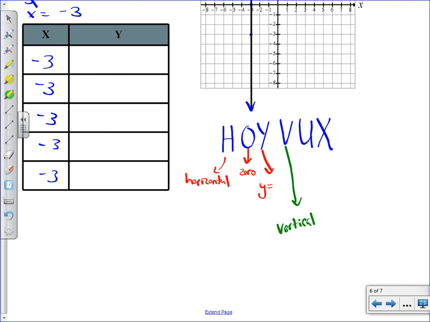Anyone know anything about a slope of a vertical line? We'll talk about it a little later. It's the letter U. Not unknown, undefined. And it will always be in the form x equals, so Heuwachs.